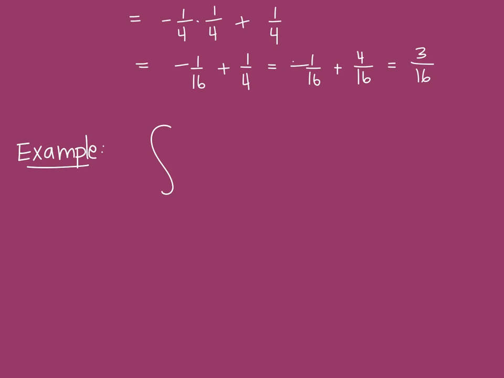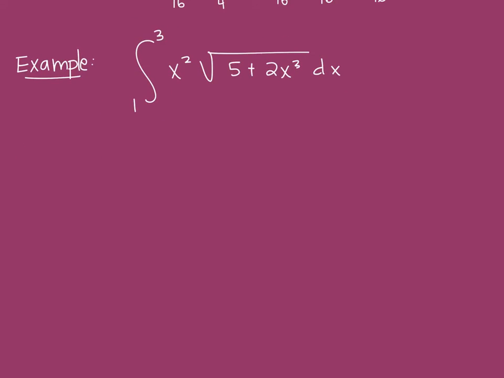All right, how about x squared multiplied by the square root of 5 plus 2x cubed dx? And we go on bounds from 1 to 3. Luke, you want to practice picking u?